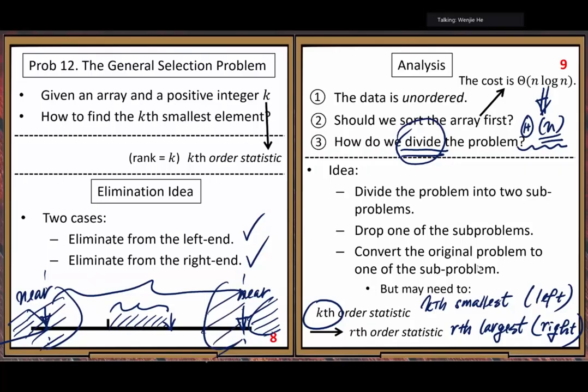We want to make the division location somewhere near the middle. That's the main idea of this method.